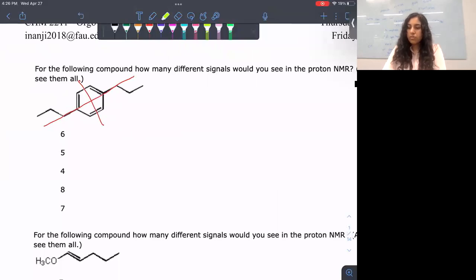This methyl up here is 1. This is another one. That's another one. And then one of the benzene carbons is another one. So these are all the unique signals we have. Because of symmetry, all of these other signals can be represented by one of these 4. So there's only 4.